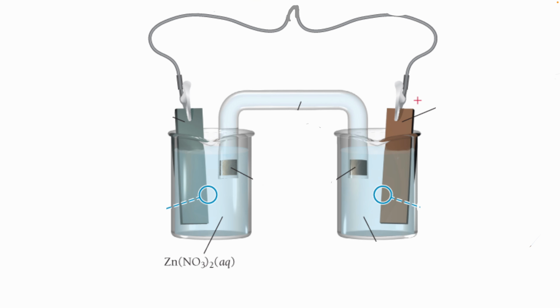So we have this aqueous solution of zinc nitrate. The nitrate's not actually doing anything for us. So let's note that importantly in this solution are these zinc ions. And that strip of metal sitting in that solution of zinc ions is just a hunk of zinc, solid zinc.